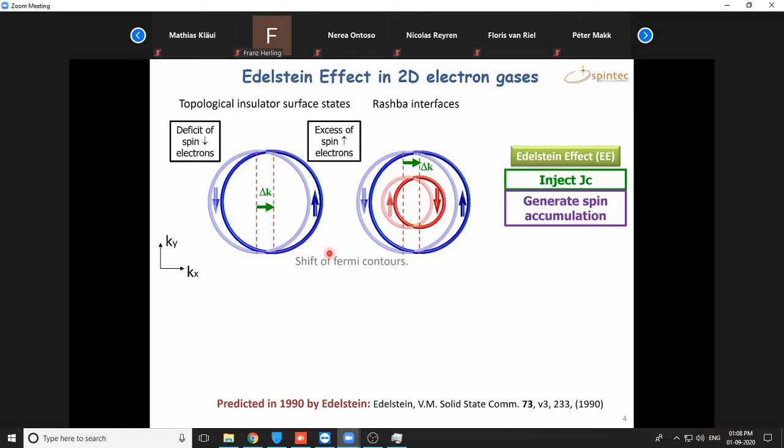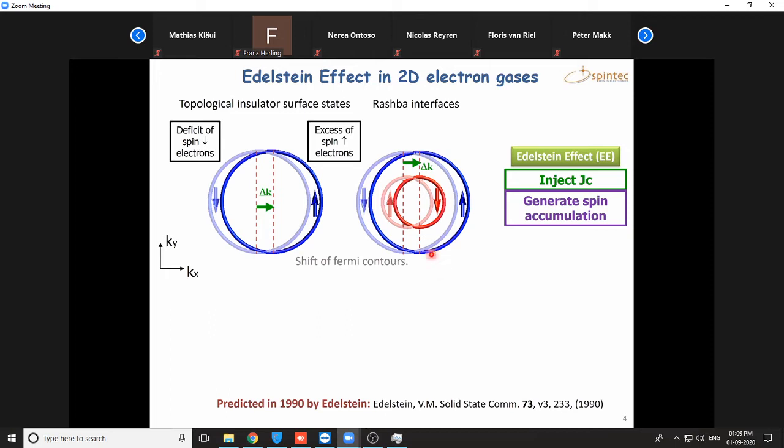So you have a Dirac cone, and you just cut at some energy of this Dirac cone. And what you see is that you have a circular Fermi contour with the spin momentum locking. So a charge moving in K-space along this direction has its spin locked transverse to this displacement. And this is reversed when you reverse the K.